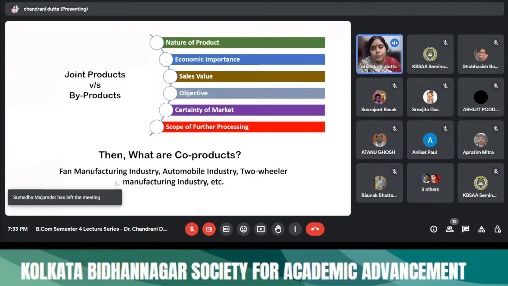So these are the co-products. Okay, different variants of the same product, not emerging from the common manufacturing process. Is it okay? The three main terms associated with part 1 of this chapter, it's okay? Yes, ma'am. Okay, so we shall proceed further.